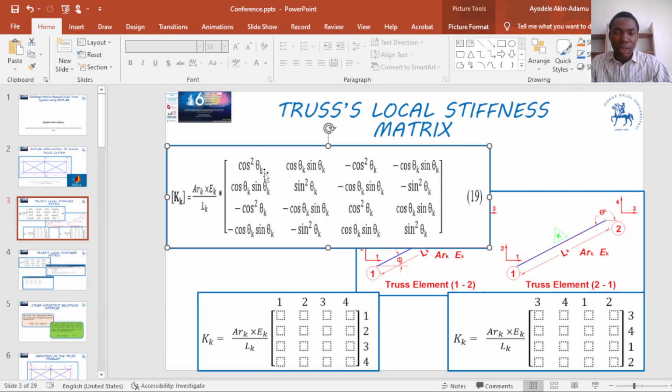This theta is the angle between the horizontal axis and the member. I'm going to define it. So the local stiffness matrix is defined by this.